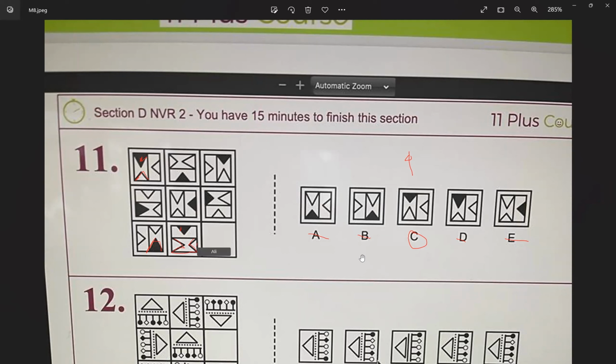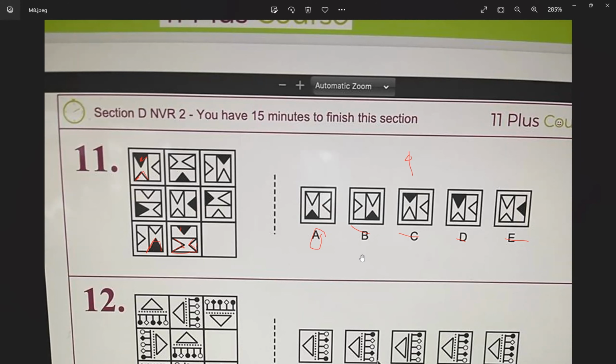I was just like, how did these two triangles change? So yes, it's going to be A. I also think this can be done vertically because it can rotate without even changing the shadings.